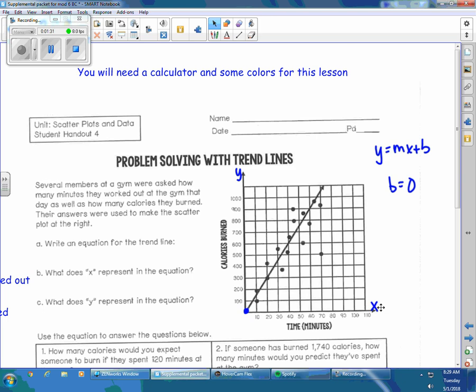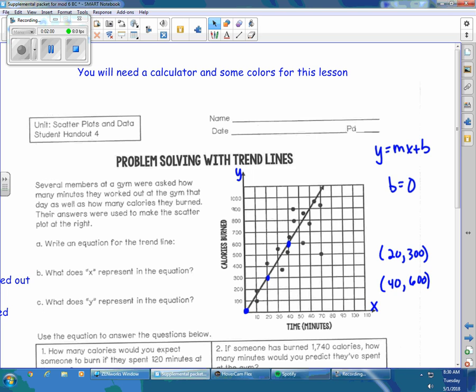So I need to find points on my trend line that are also integer coordinates. Now the first one I see also happens to be a data point. It's right here at 20 comma 300. My x is 20, my y would be 300. Now there's another integer coordinate right here at 40 comma 600.